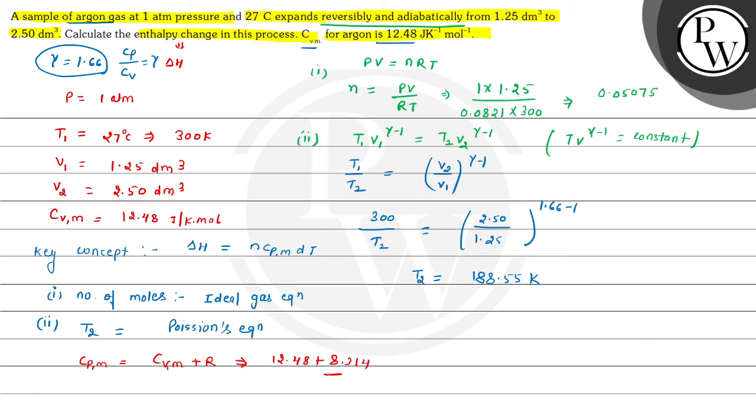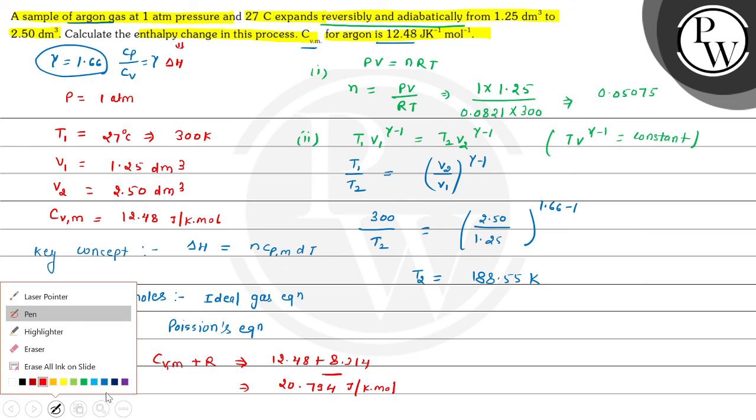In the ideal gas equation it was written as 0.0821, because the units there are liter atm, that means pressure is in atm and volume is in liter, decimeter cube being liter. Here the value of CV is given in joule, so that is why the value of R is written as 8.314. So the value of CPM, the molar heat capacity at constant pressure, comes out to be 20.794 joule per Kelvin per mole.